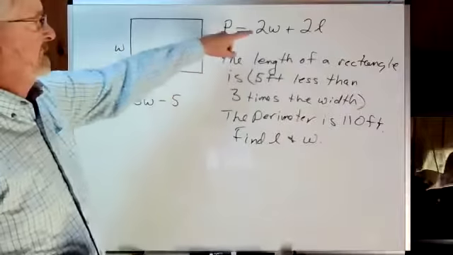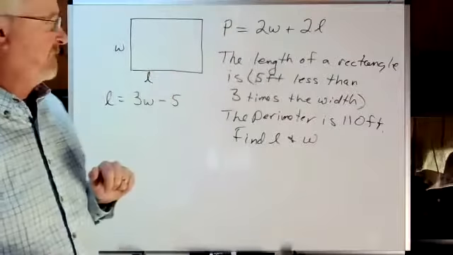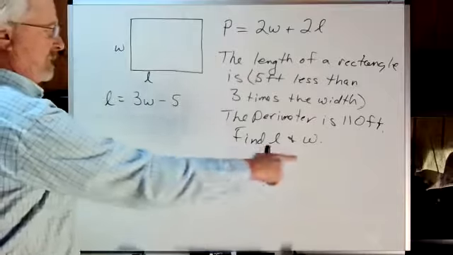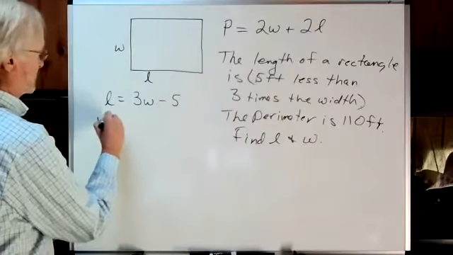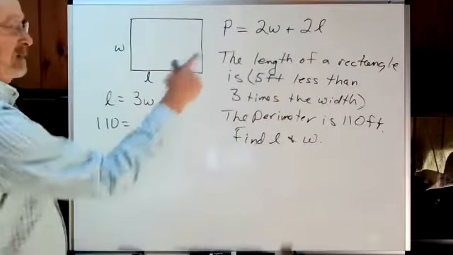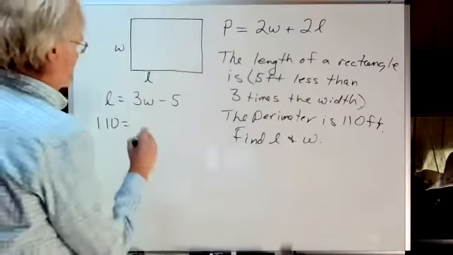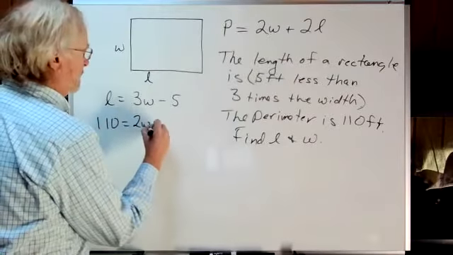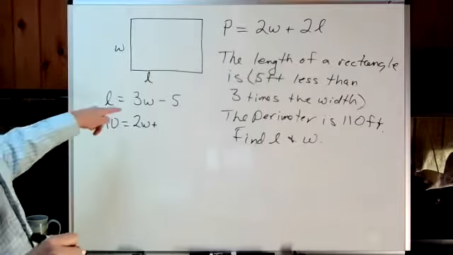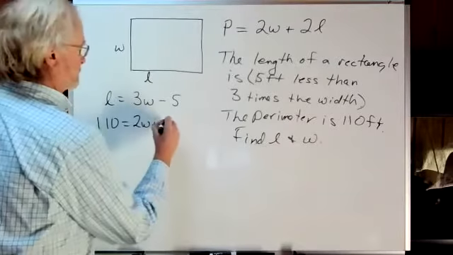All right. Now I'm going to plug in these pieces into this formula. So I know 110 is the total. And there are the 2 W's to start with. And now there's 2 of these length expressions.